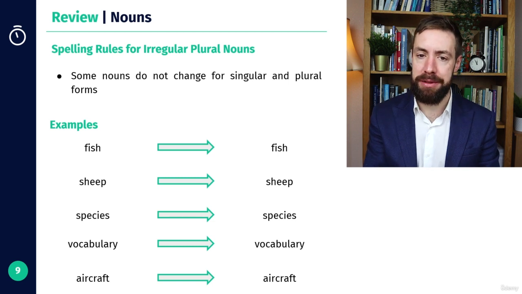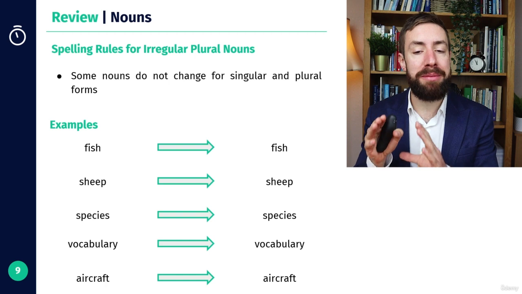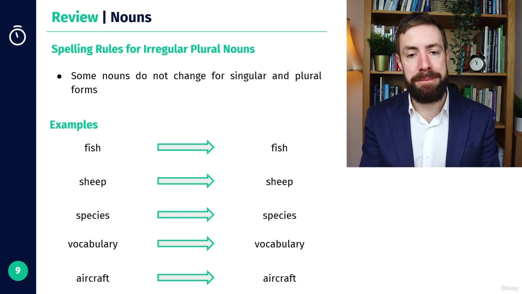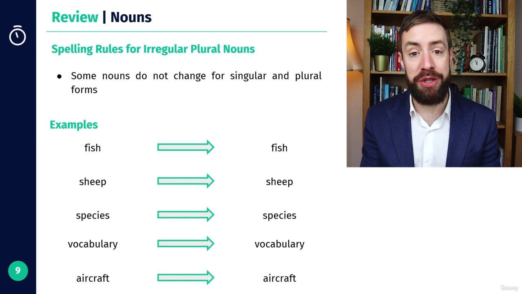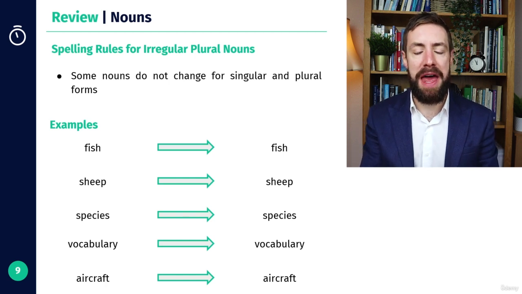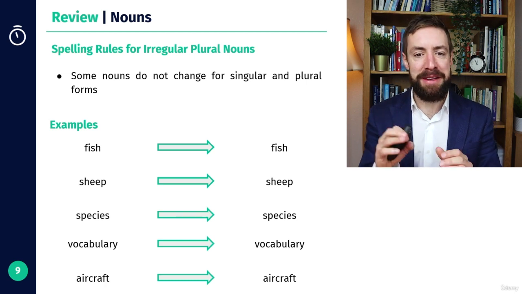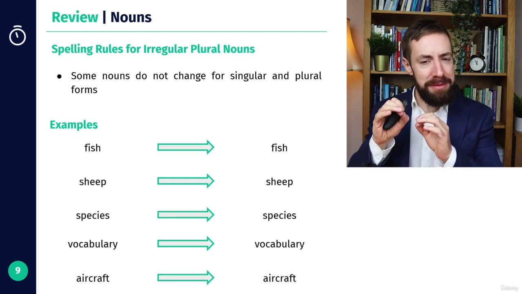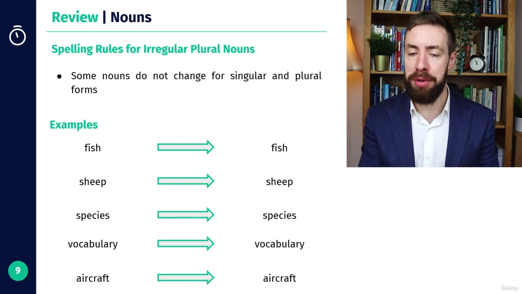There are many examples, but be careful because sometimes a common grammar mistake I see is when people say things like, I have learned many vocabularies, or there are 1,000 sheeps outside my house. So make sure you make a note when you're studying about which nouns don't change when it's plural.